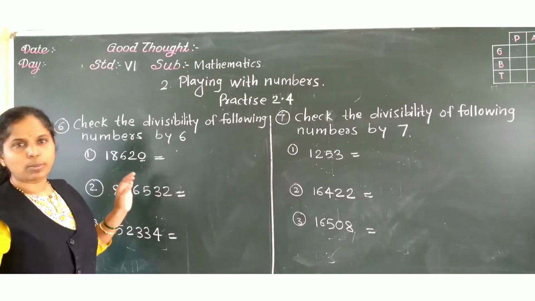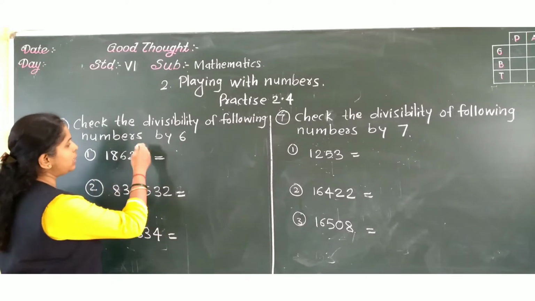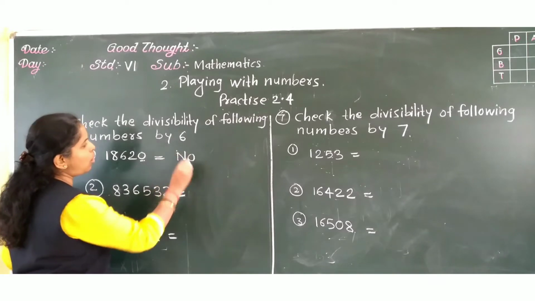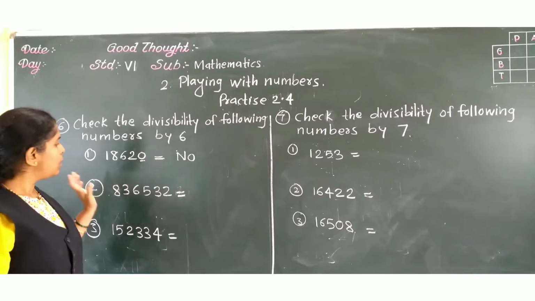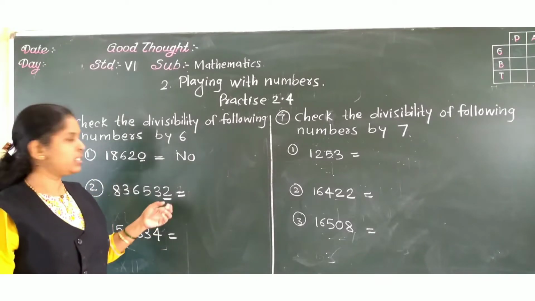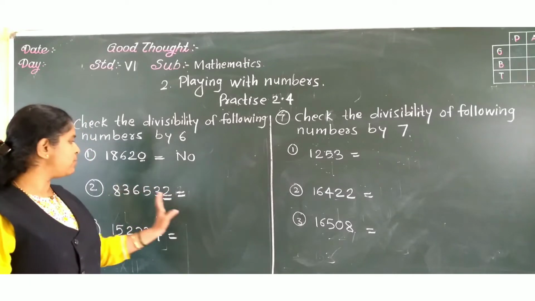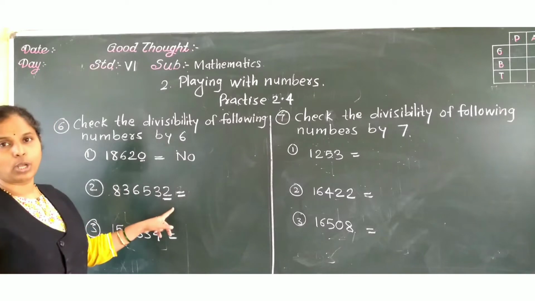As it is not divisible by both the numbers 2 and 3, it is also not divisible by 6. Now see, as 2 is there at the units place, yes, this number can be divisible by 2. Now let us see whether it is divisible by 3 or not. How?